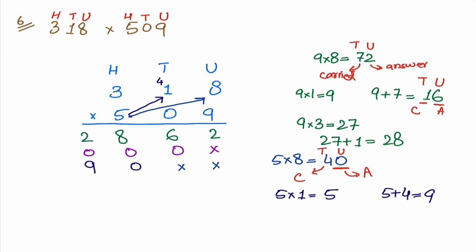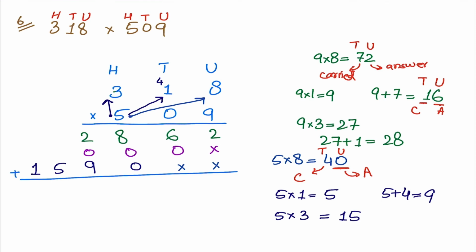Next, we will multiply the number 5 with the number 3. So 5 times 3 is 15. So we will write 15 here. The last step is to add all these rows. Okay? We will add 2862 plus 0 plus 159000.